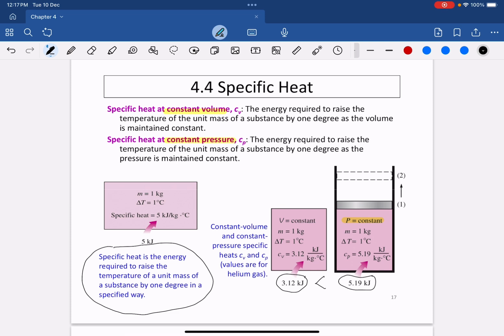In the process of increasing the volume, there is some boundary work interaction in the system. That is the reason why more energy is required to increase the temperature of 1 kilogram of the substance by 1 degree Celsius.